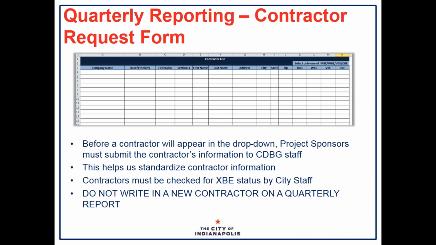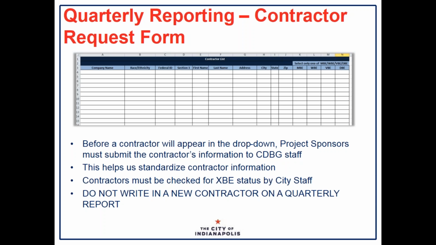And here we have the quarterly reporting contractor request form. You can see that it asks the standard information that you would expect, company name, and since there are eligibilities for women and minority business status, that's why we have a column for race and ethnicity. In the last 4 columns, you can see what we usually refer to as MBE, WBE, VB, for minority, women, and veteran and disabled business owners.